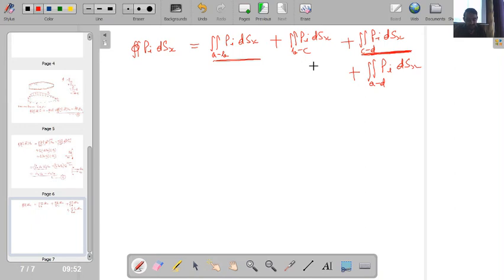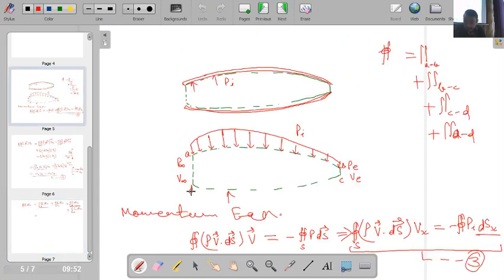But A to D and B to C are something which I can actually calculate. Why? Because at surface A to D, I know the value of pressure. The pressure is P infinity, and my area vector is the area of the A to D face, AI, acting in the positive x direction.